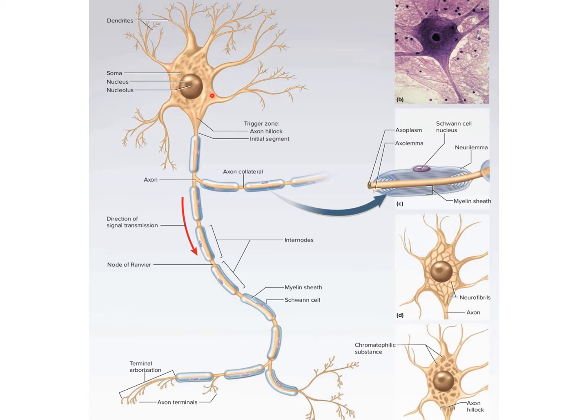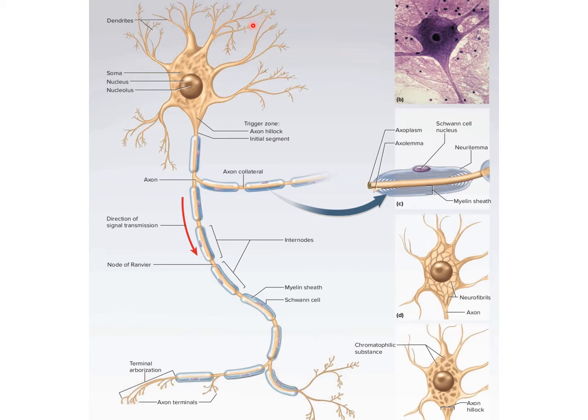First, we have the soma, where the nucleus is located. Then, before the axon starts, is this area, the axon hillock, which is a very, very important segment. And the axon is responsible for the transmission of the information through distances. And then we have at the end the axon terminals.